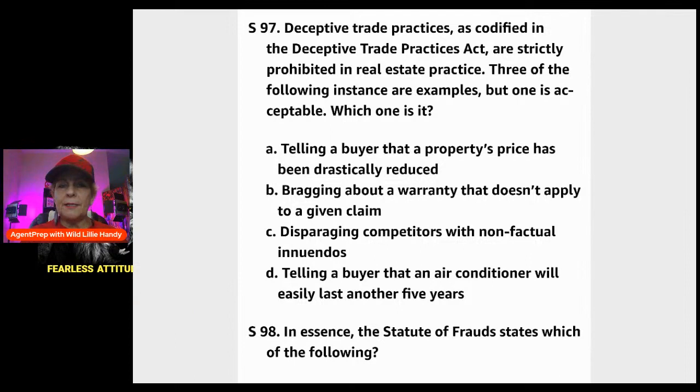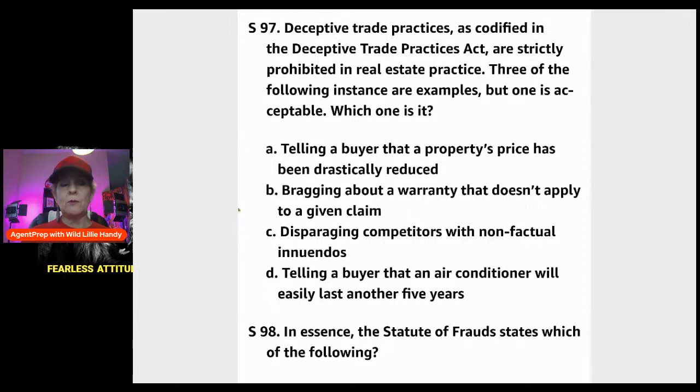Deceptive trade practices, as codified in the Deceptive Trade Practices Act, are strictly prohibited in real estate practice. Three of the following instances are examples, but one is acceptable. Okay, so three are deceptive, one is acceptable. Which one is it? A, telling a buyer that a property price has been drastically reduced.